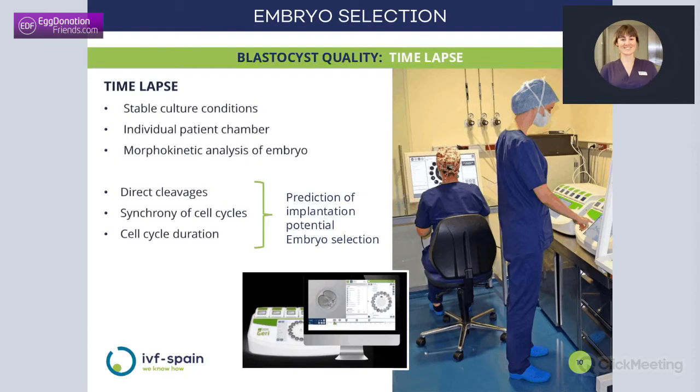We can make a morphokinetic analysis of the embryo, and we can study if the embryo has direct cleavages, irregular divisions, if the cell cycles are synchronous, how long the cell cycles last. And this information we can use to predict the implantation potential of the embryo, and to select the best embryo for transfer. So we get a lot more information.